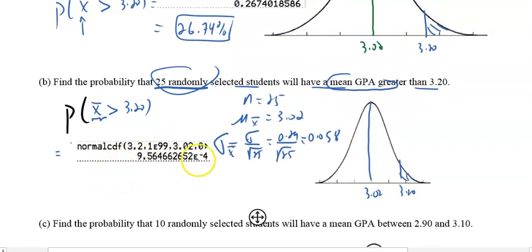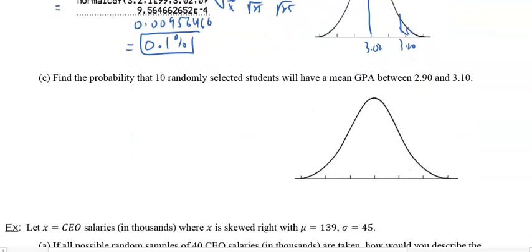Here we figured out that this is 0.009566466. So that's roughly 0.1%, not 1%, 0.1%. Look how much that changed, because that's 25 of them. It's harder for the 25 than just an individual student.